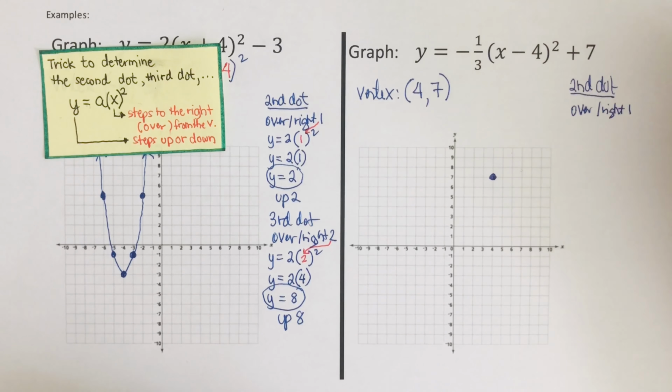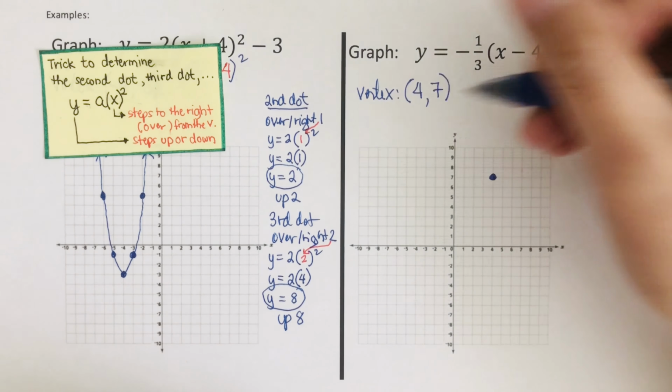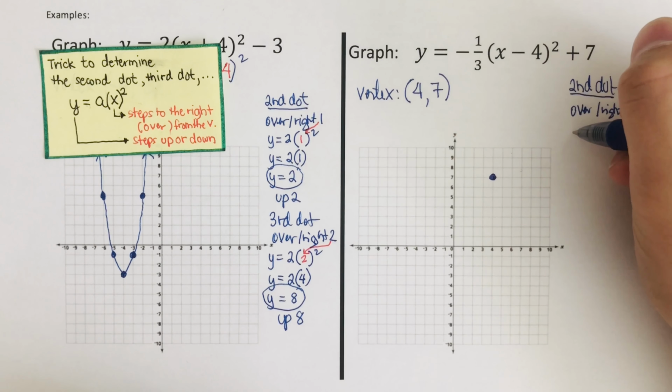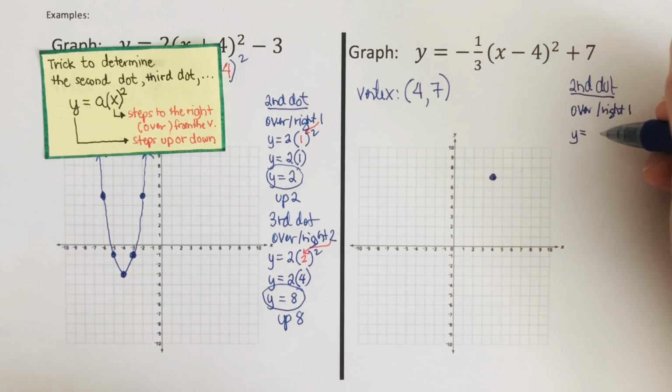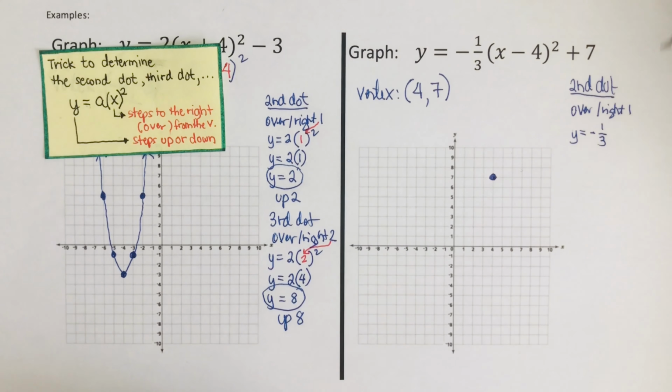So first we have that's again over 1, so I will use that equation over here. So that's y equals negative 1/3. Now in this case, I will give you a trick.